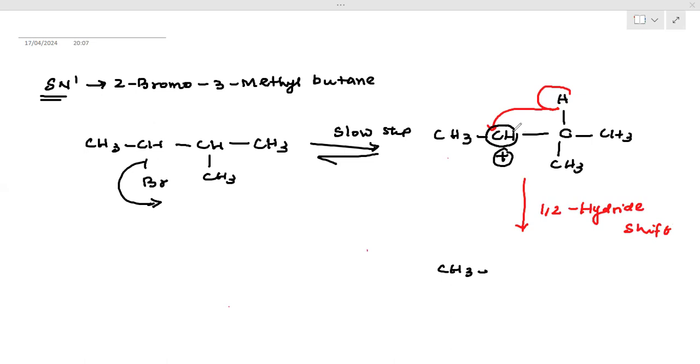This CH group becomes a CH2 group, and this is the carbocation, then CH3.